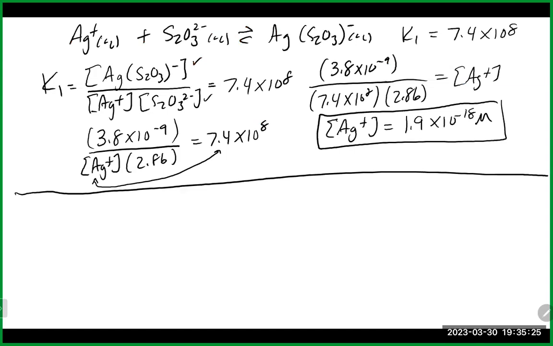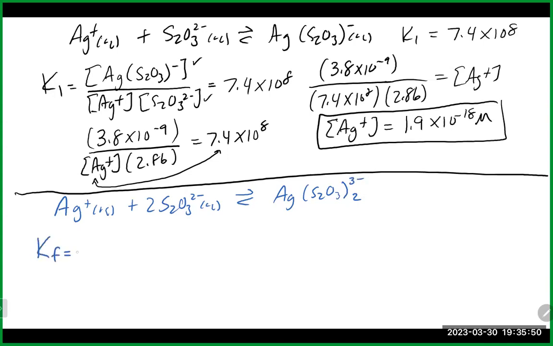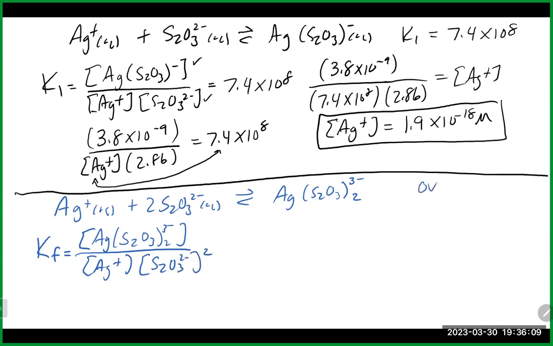From the overall reaction, which is basically this plus a couple of these, we get a KF of our product divided by our silver and our S2O3 2-, which we square in this case, because this is the overall reaction.